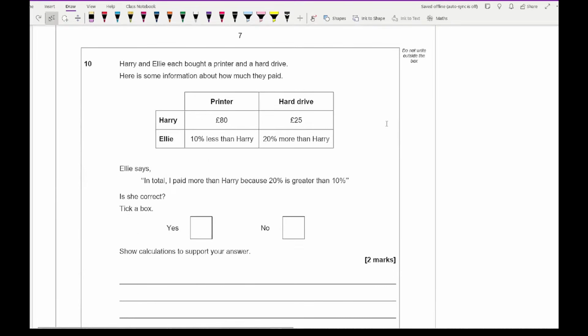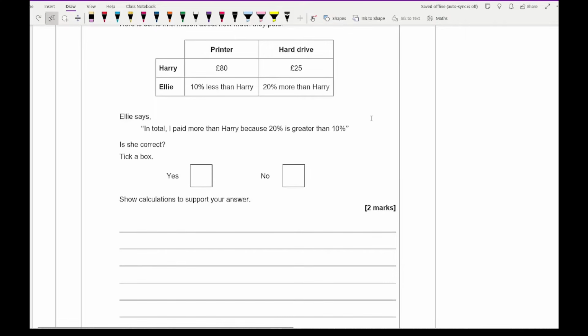Moving on to question 10, it says Harry and Ellie each bought a printer and a hard drive. Here is some information about how much they paid. And Ellie then says, in total, I paid more than Harry because 20% is greater than 10%. Is she correct? Tick a box, and we've got to support our answer with a calculation. So for this, don't go straight into ticking a box. Work it out first and then tick the appropriate box.